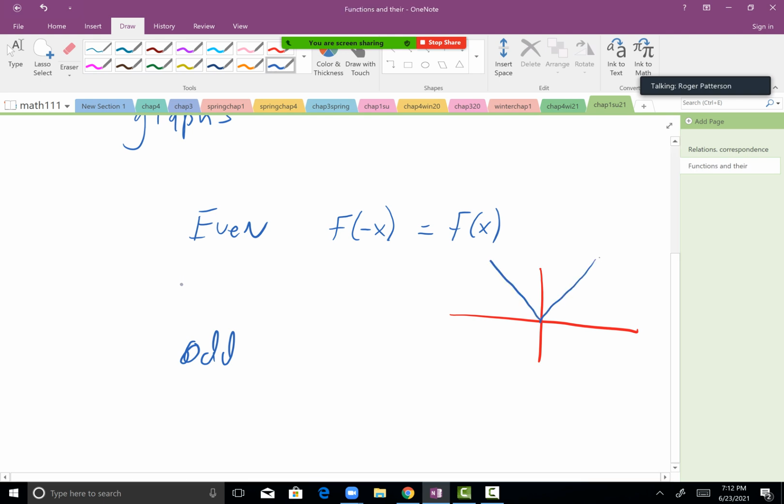Okay, so if we have f of x equals the absolute value of x, we know that positive numbers stay positive, right? The absolute value of a negative number is also positive. When I teach absolute values, it's just like distance. If I go from Portland to Rock Creek, or Rock Creek to Portland, it's still the same distance.